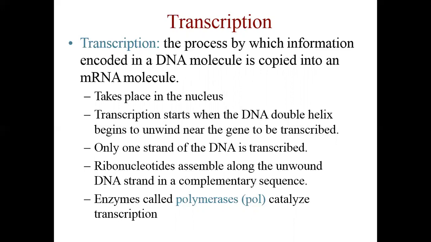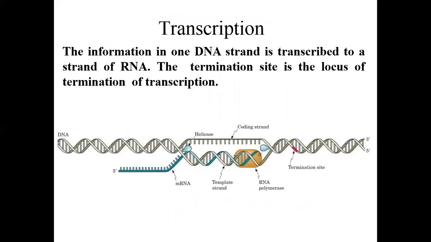The ribonucleotides assemble along the unwound DNA strand in a complementary sequence. The enzymes required for RNA transcription are called polymerases, and they catalyze the transcription. Basically, transcription is the process where the information in one DNA strand is transcribed into a strand of RNA. The termination site is the locus of the termination of transcription.